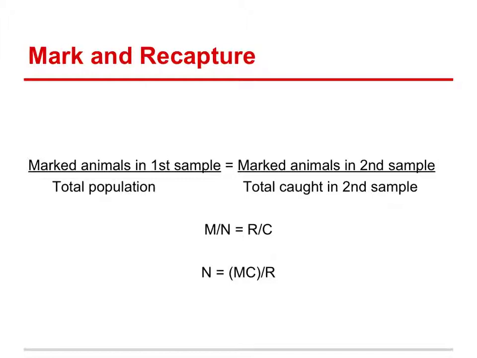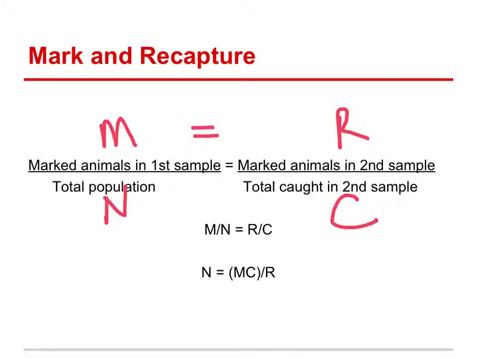So the marked animals in the first sample, that is to say, M, divided by the total population, capital N, should be equal to the marked animals in the second sample, which is to say, R, the ones that were recaptured, divided by the total caught in the second sample.